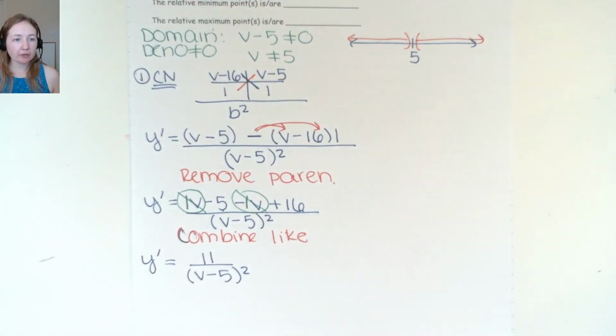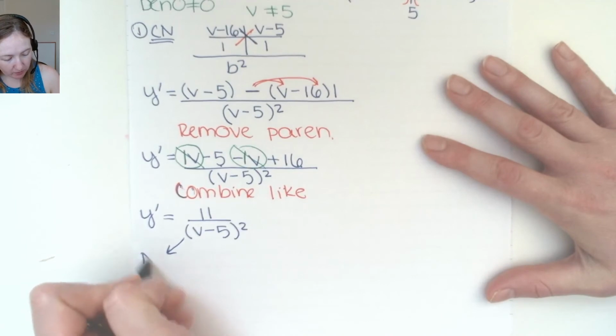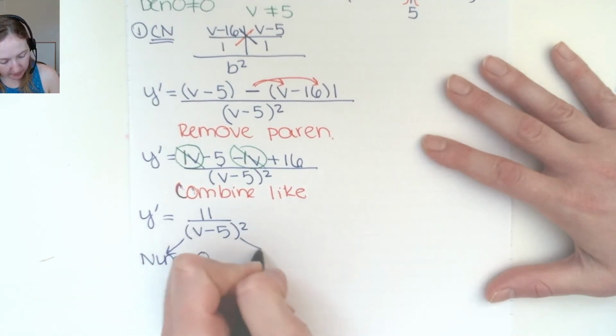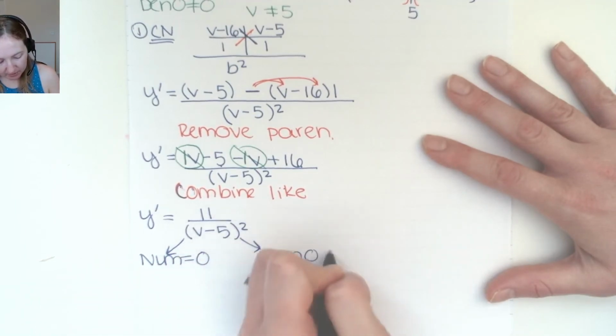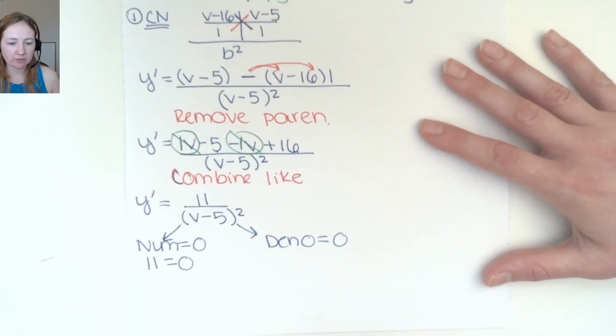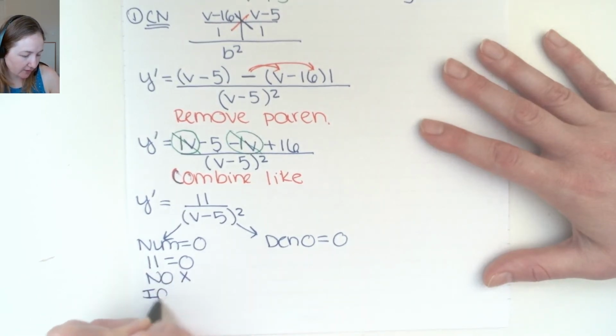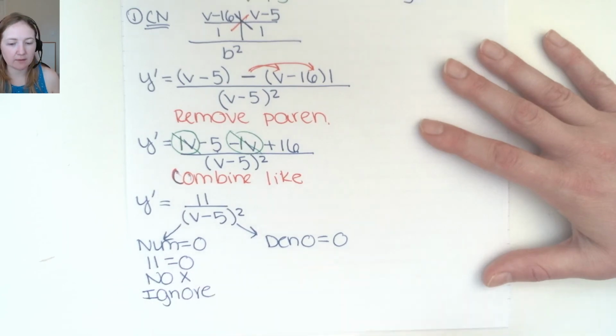Now, for my critical numbers, I need to set the numerator equal to 0 and the denominator equal to 0. So numerator equal to 0 gives us absolutely nothing to solve for. There's no x there, so we basically ignore the 11.